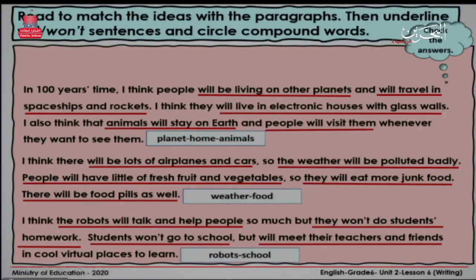Here are the sentences with will and won't for the last paragraph. Did you manage to get all of them? Perfect. Now, we'll move to the last task, which is to circle the compound words. Here are the compound words for all the paragraphs. Spaceships, airplanes, homework.